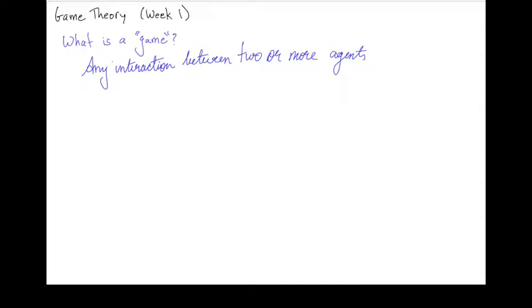So what constitutes a game? Well, there are several parts to a game. The first part is a list of the players, and we're going to typically represent a player using the letter i. So the little i is your generic player. Then you're going to have a list of actions that each player can take.